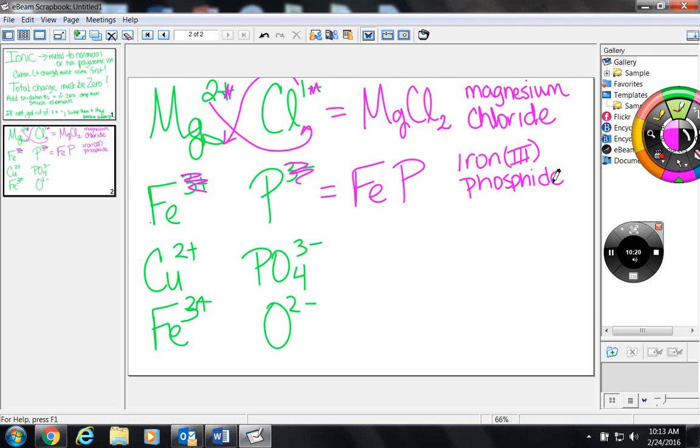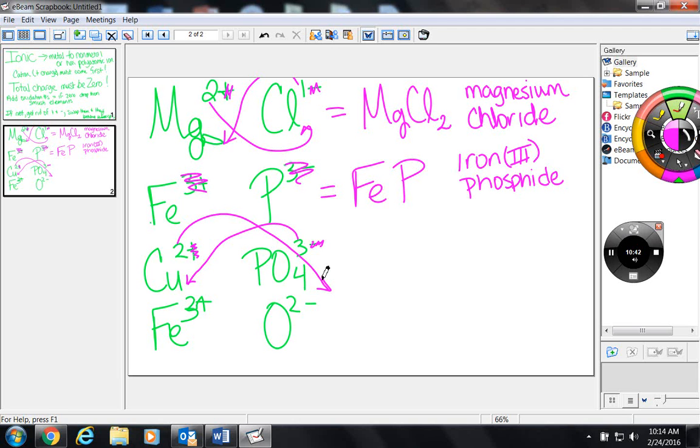Does plus 2 and minus 3 add up to 0? No, not at all. So I get rid of my plus and my minus. My 3 is going to come over here, my 2 is going to come over here. I need 2 PO4s, which means I have to enclose the PO4 in what? Parentheses.